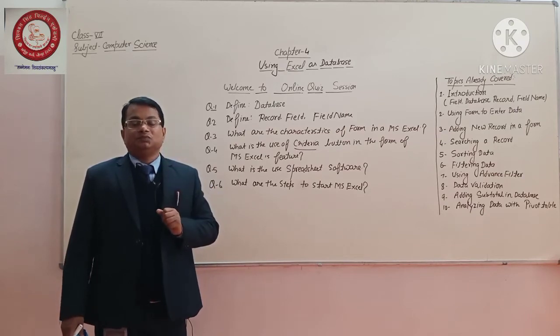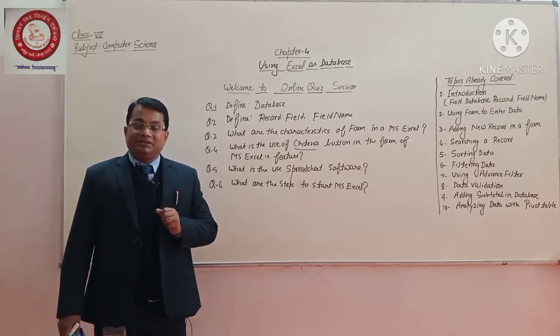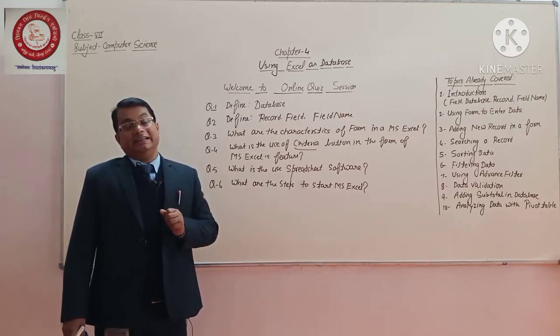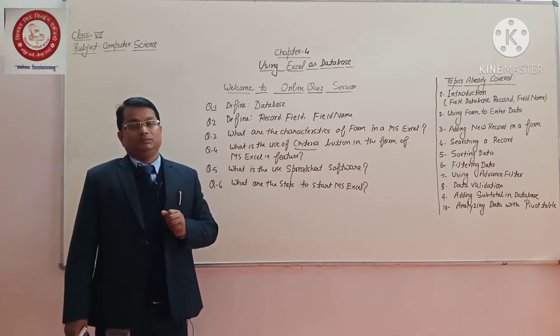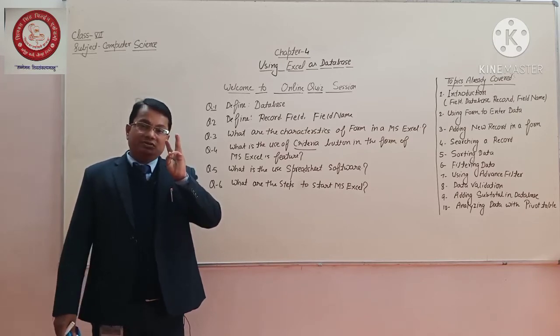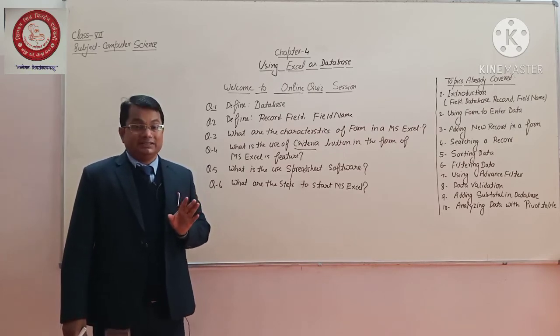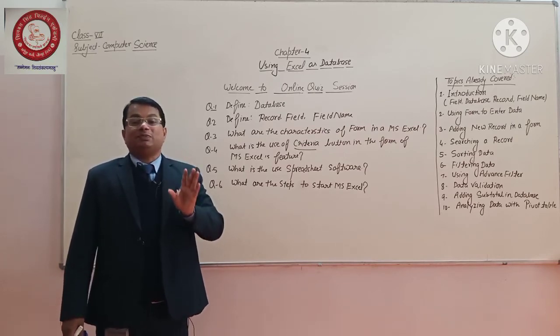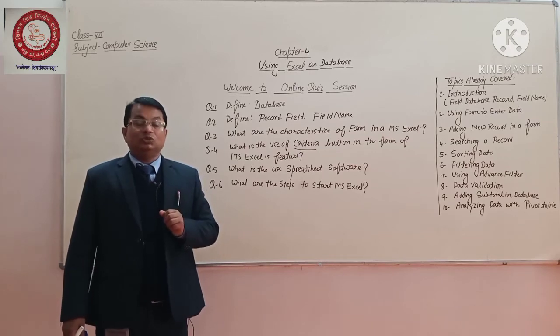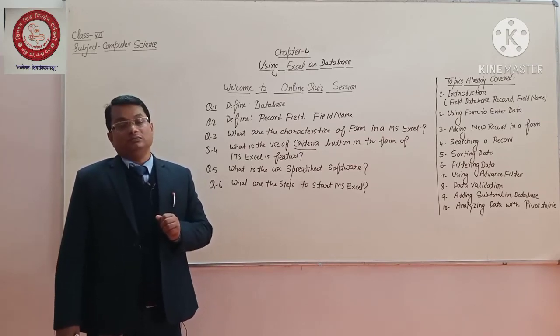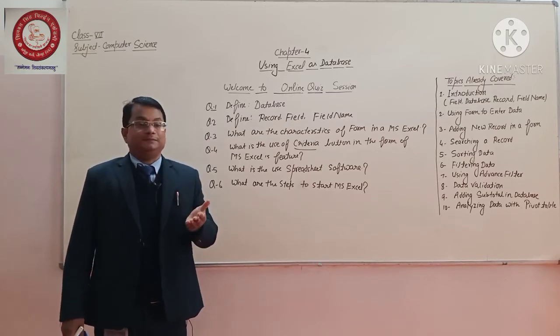Second point, by entering the data, you can also remove or update the data in an easy way. Point number 3. You can also search the required data by using specific criteria, a specific rule, by using some kind of primary key.